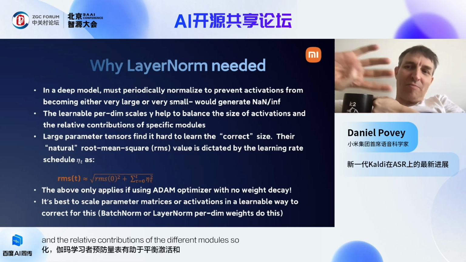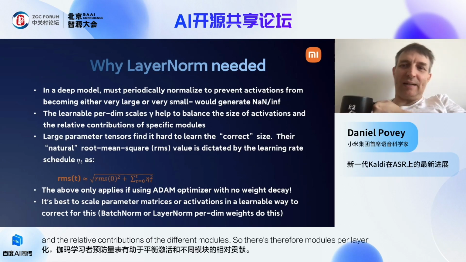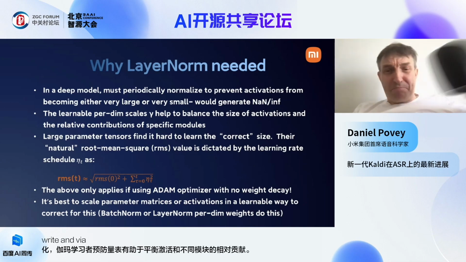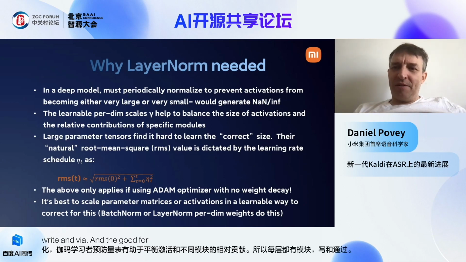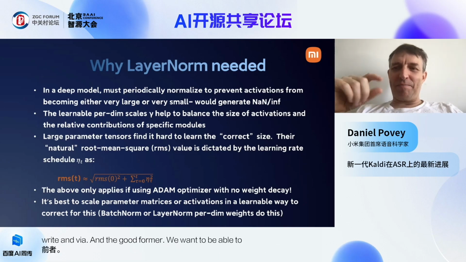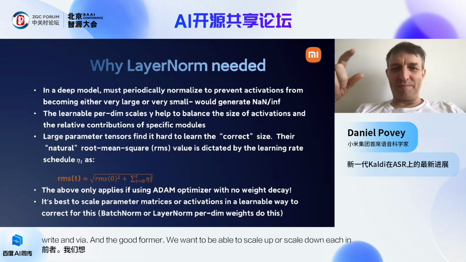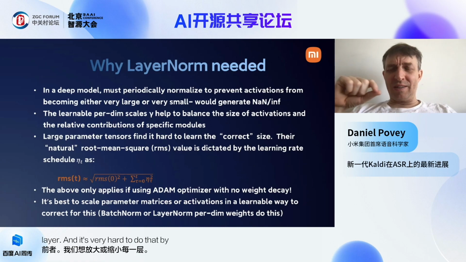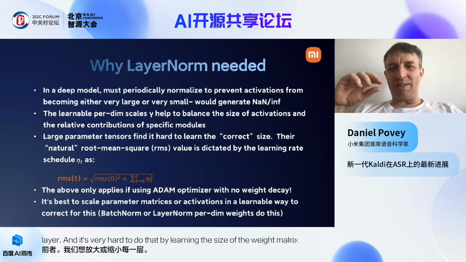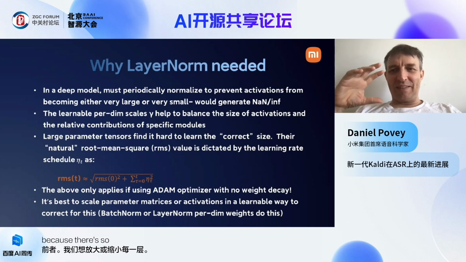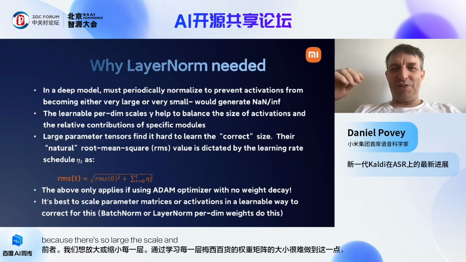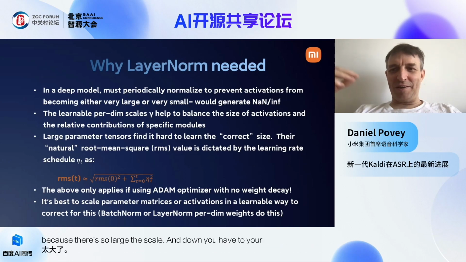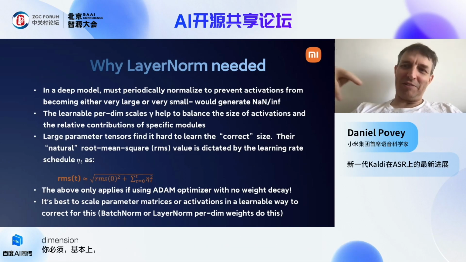There's 4 modules per layer, right, in the Conformer. Now, we want to be able to scale up or scale down each individual layer. And it's very hard to do that by learning the size of the weight matrices of the layers, because they're so large that to scale them down, you're basically trying to learn a very high dimensional direction, right?